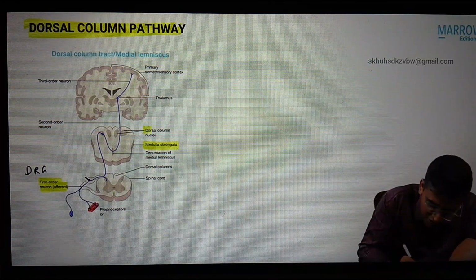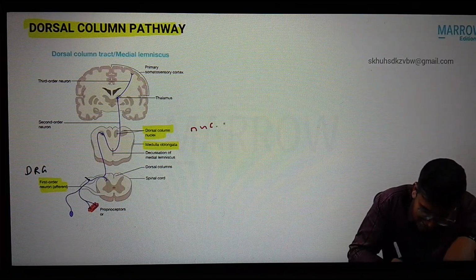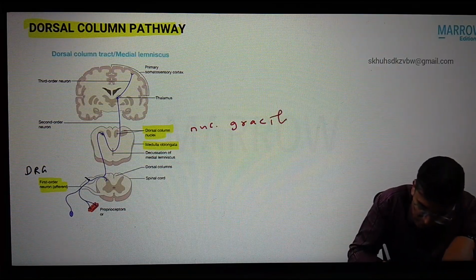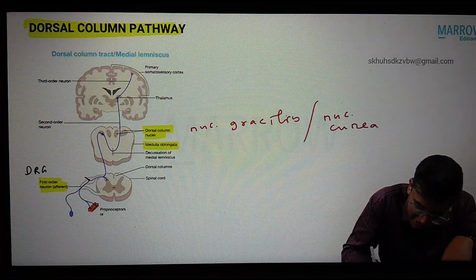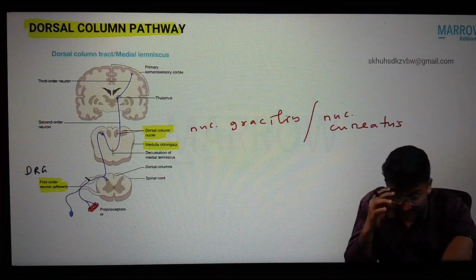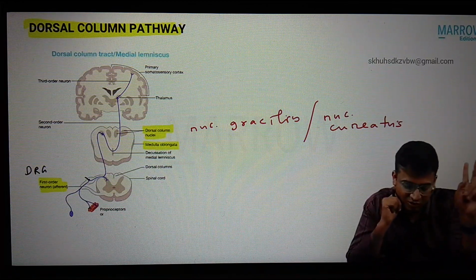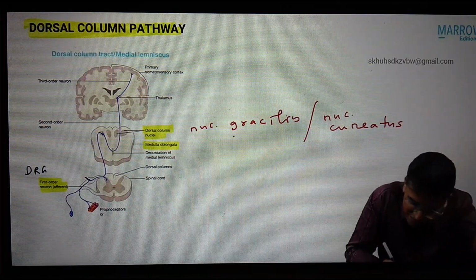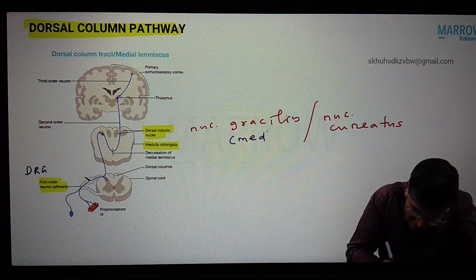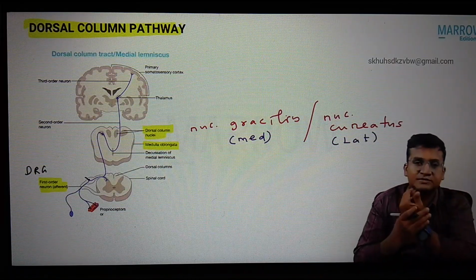What are those? Dorsal column nuclei: nucleus gracilis and, lateral to it, nucleus cuneatus. We have the dorsal column nuclei in the medulla.